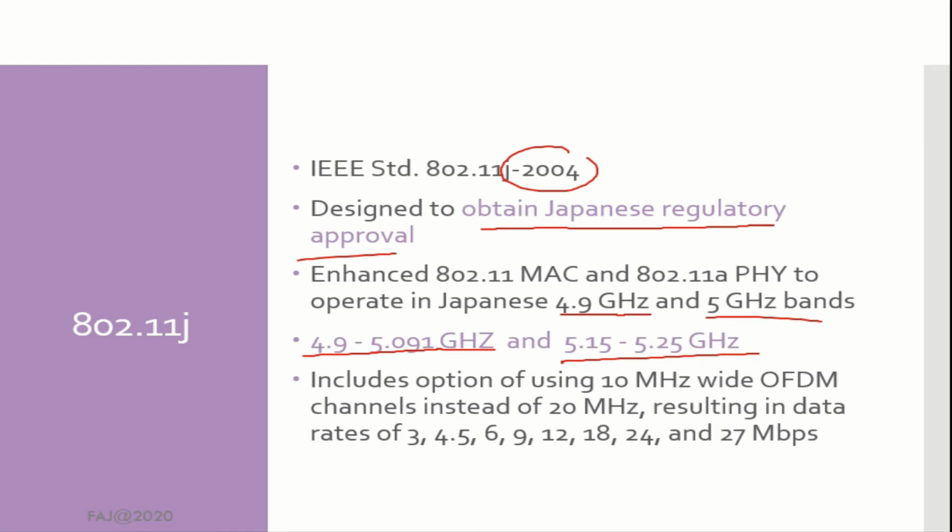Includes the option of using a 10 MHz wide OFDM channel instead of 20 MHz, resulting in data rates 3, 4.5, 6, 9, 12, 18, 24, and 27 megabit per second.